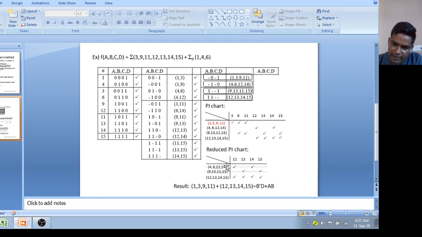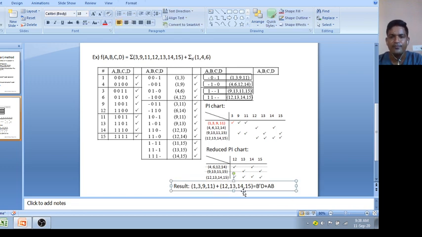Now it is your responsibility, you have to check where these minterms 12 13 14 15 are available. 12 here not possible, again here not possible, 12 13 14 15 here possible. Okay, so the final answer will be 1 3 9 11, which you got from here, and 12 13 14 15.